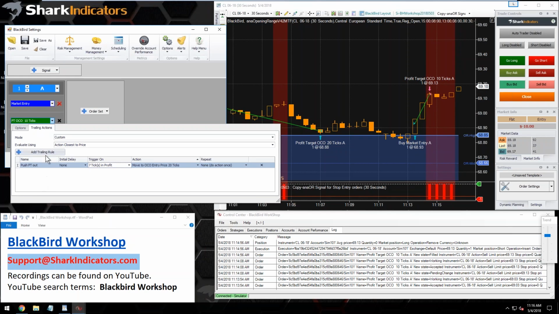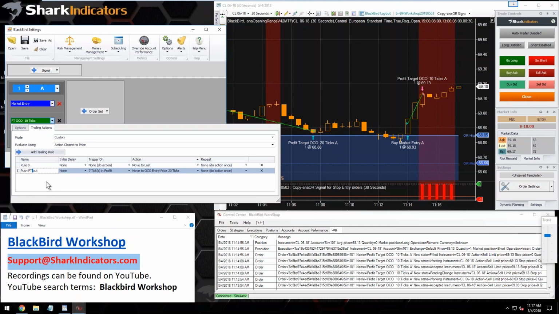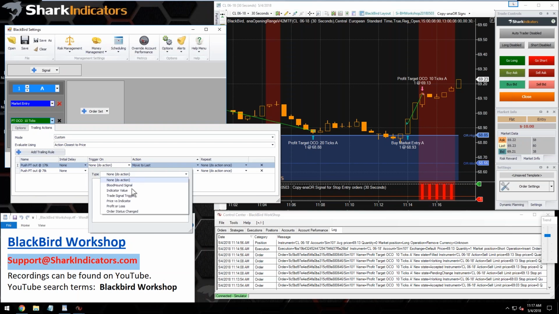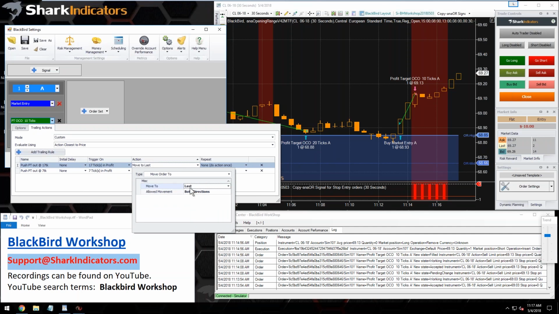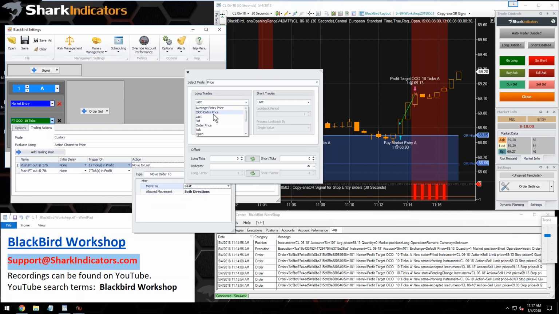So again, if you want to keep moving that profit target out, you're going to have to create a trailing rule every single time. So do something like this. Push profit target out at 7 ticks. This next trailing rule will be 17 ticks, so we'll go in here and set our profit to 17 ticks, and then we'll move that profit target out to 30 ticks.